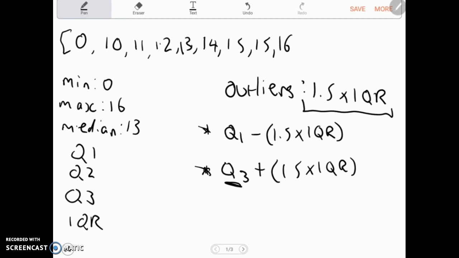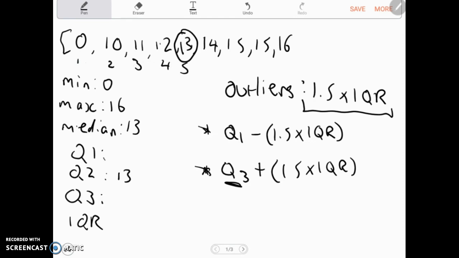So, what we need to do then, we need to get Q1, Q2, and Q3. Well, I've already calculated the median. It's 13, which is this one here. So we can put 13 into Q2. So for Q1, again, we need to find the halfway point between our minimum and our Q2.